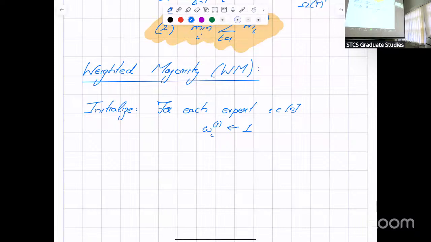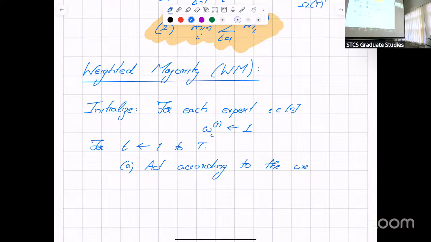And then the algorithm is: for t going from 1 to T, (A) act according to the weighted majority.